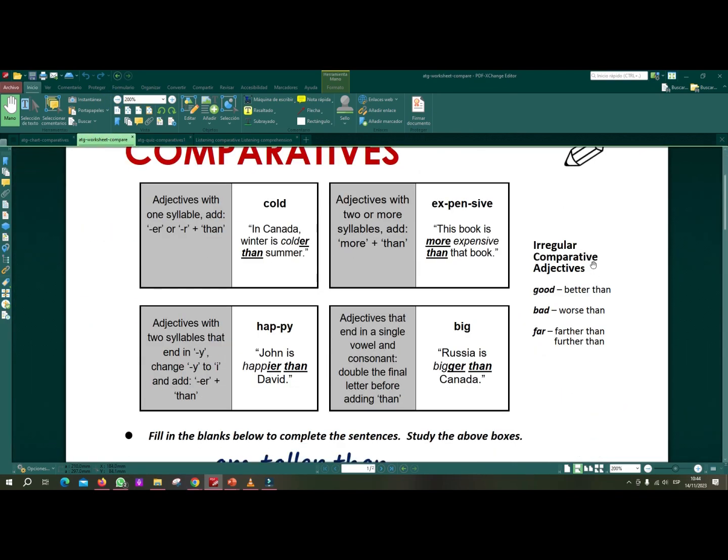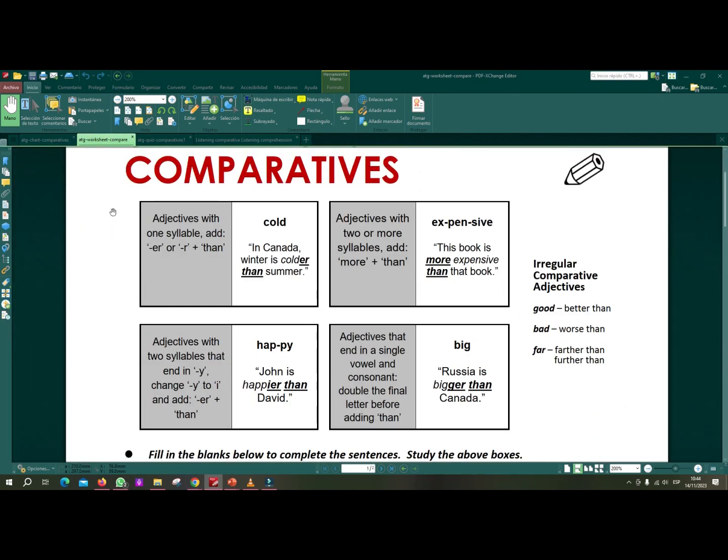Here you have this. Adjectives with one syllable add er or r. Cold, right? In Canada, winter is colder than summer. There you have an example. Adjectives with two or more syllables add more plus than. Expensive, 3 syllables. So this book is more expensive than that book, right?